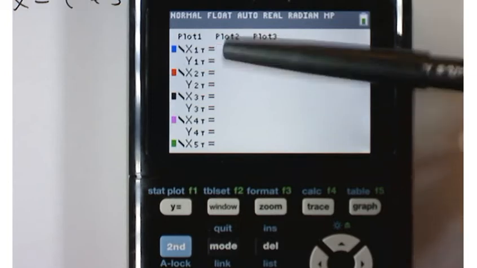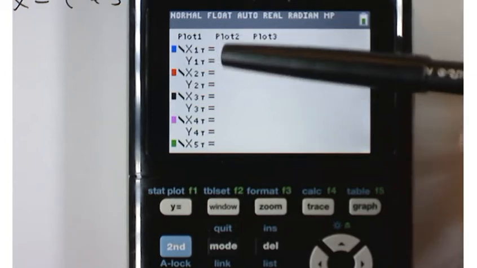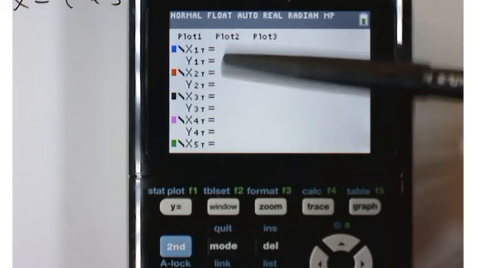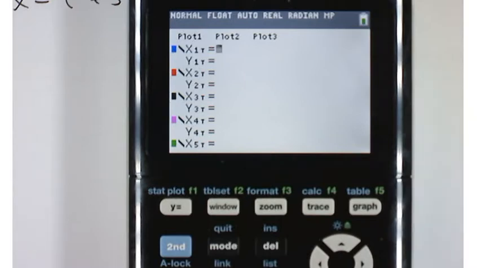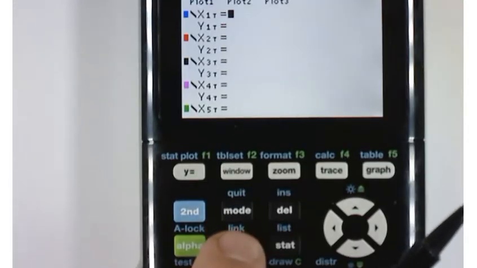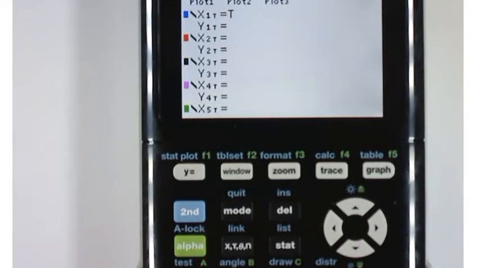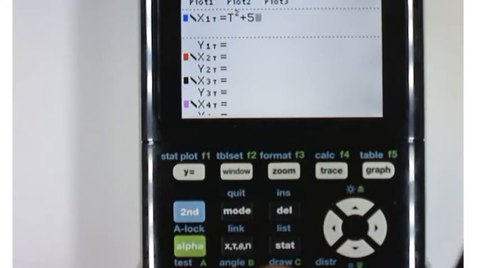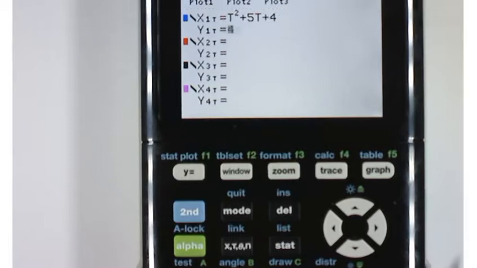It's going to ask you for x of t and y of t. That is the functions that define each parameter. When you press the x key, instead of getting the usual x, you're going to get a t. So t squared plus 5t plus 4. And then for y, it was just 4t.